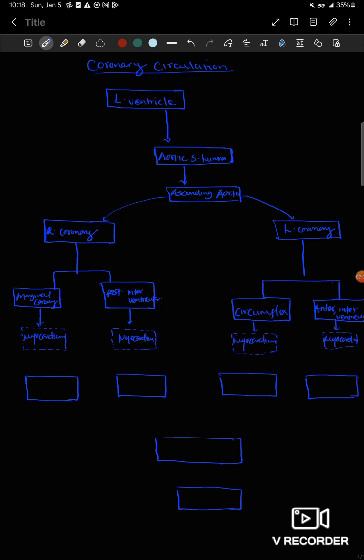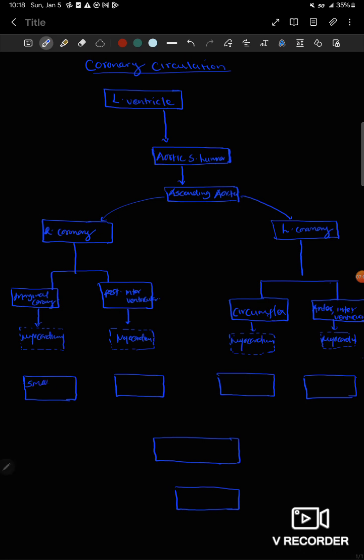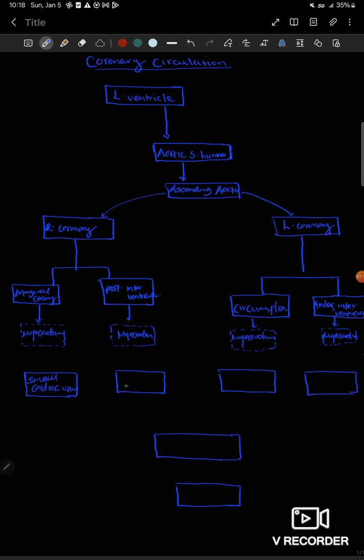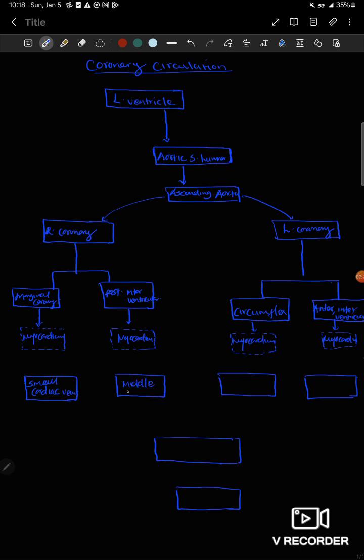We have the small cardiac vein, the middle cardiac vein, the great cardiac vein, and the posterior vein of the left ventricle.